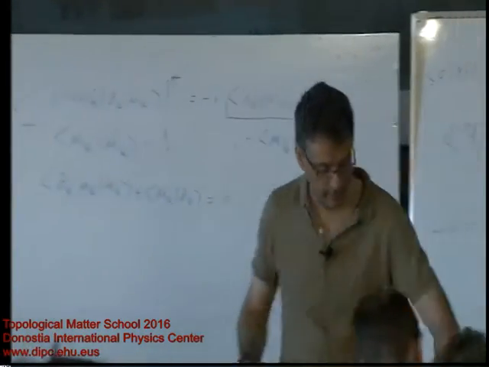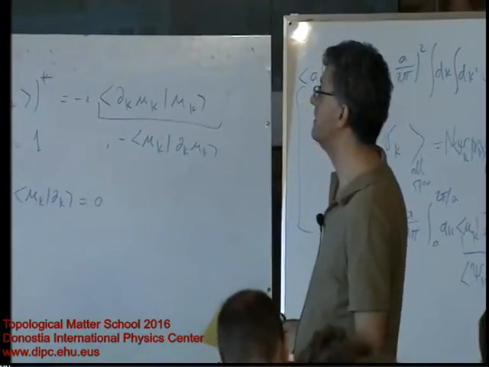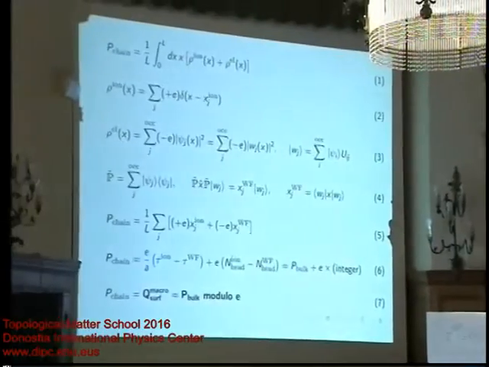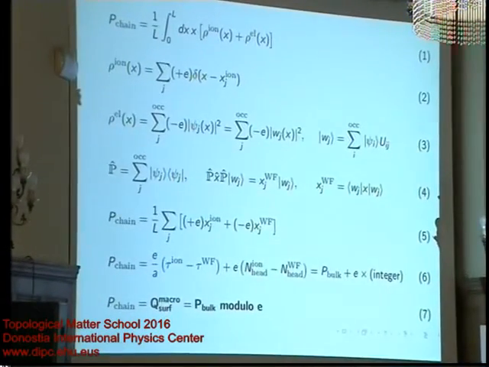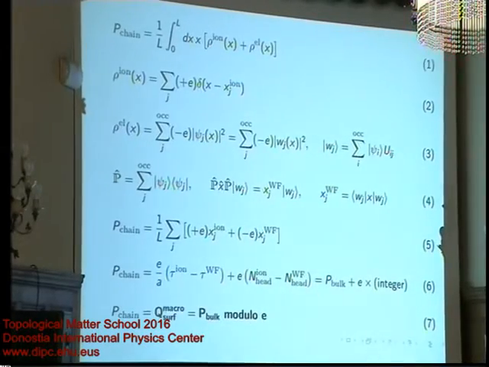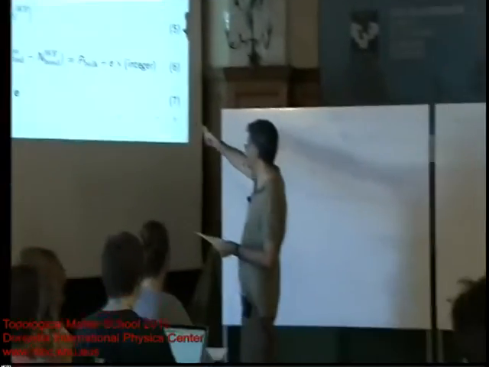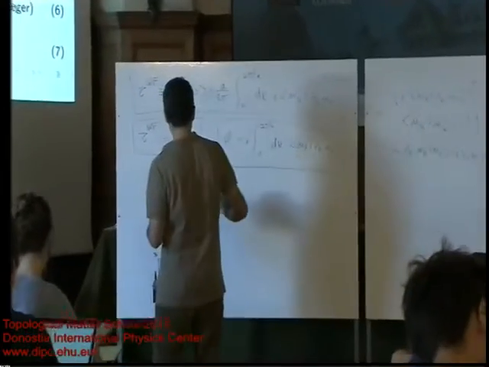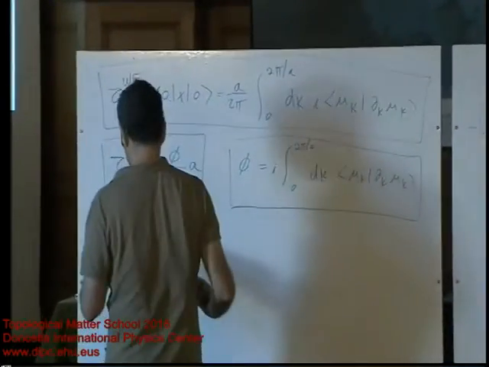So, if you remember very early on, the blue equation, that was our bulk polarization. P bulk equals that, and I can just now rewrite it using this expression for the Wannier center.